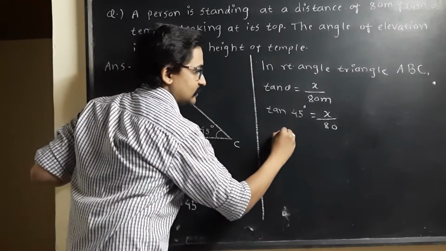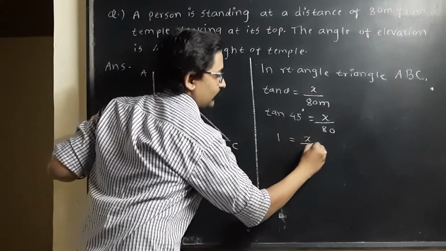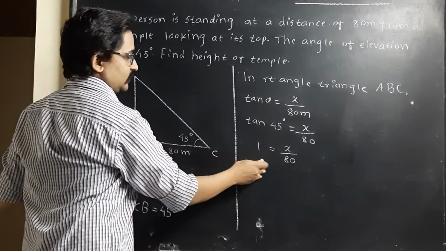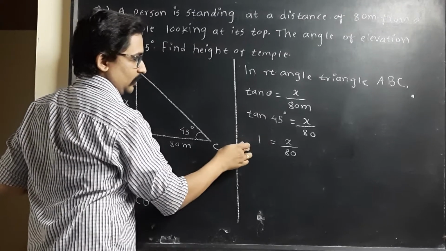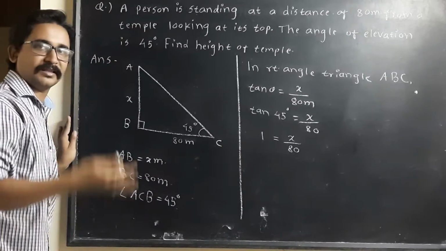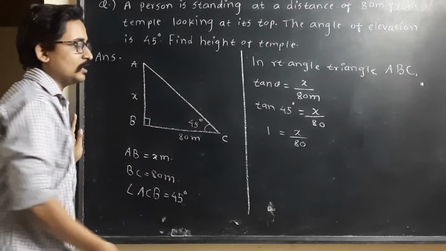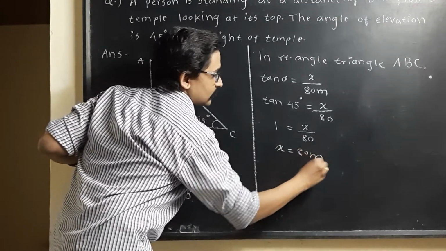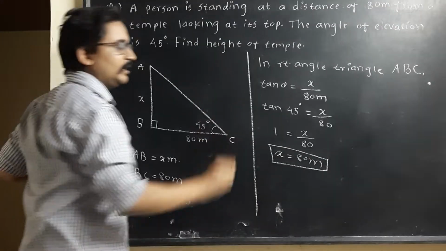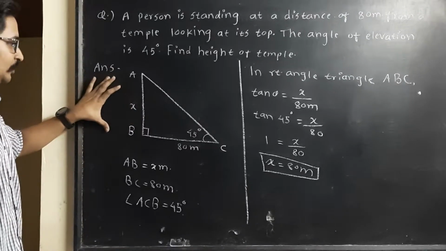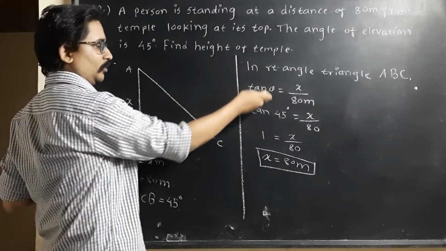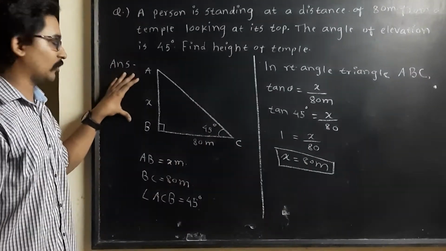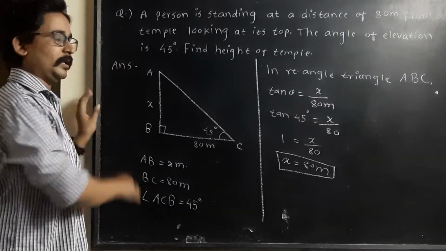So tan 45 is 1, equal to x upon 80. So if you cross multiply, this will come out to be 80 meters, which is nothing but the height of the temple which we were finding. So by using the proper trigonometric ratio and the value from its table, we have calculated this unknown quantity, that is height of the temple AB.